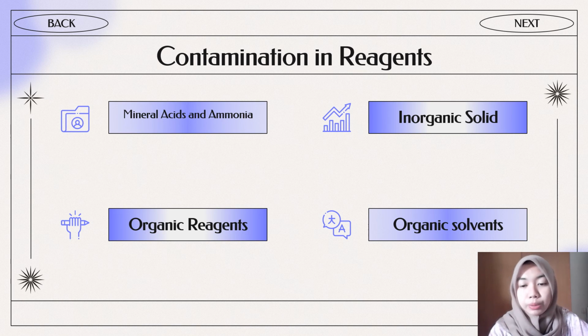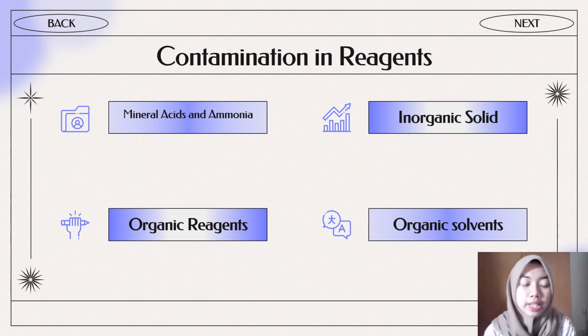The second, we will discuss inorganic solids. The quality of the reagent is pure enough to be used directly without pre-purification, but a blank solution as a control must be prepared. Purification is usually by crystallization or filtration.